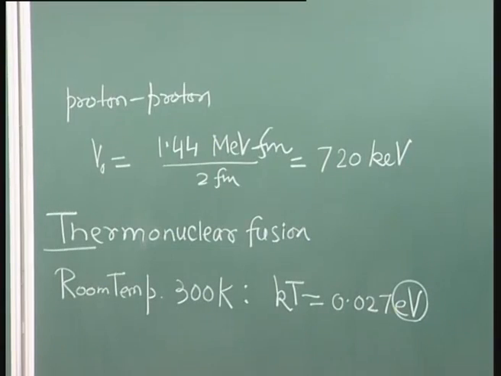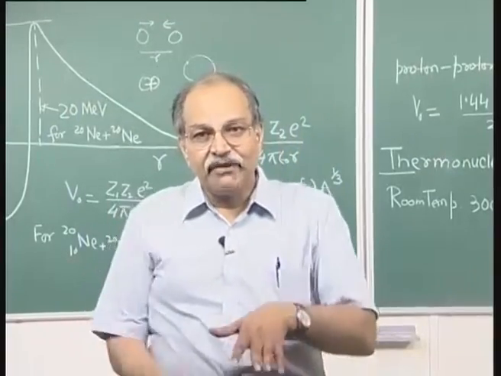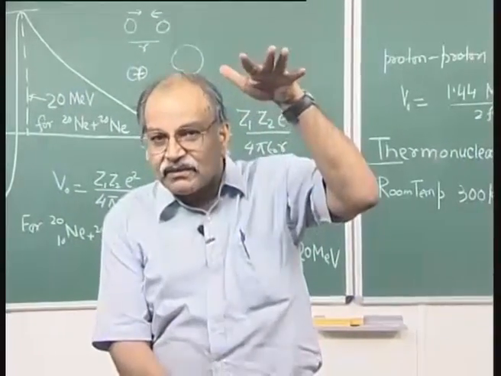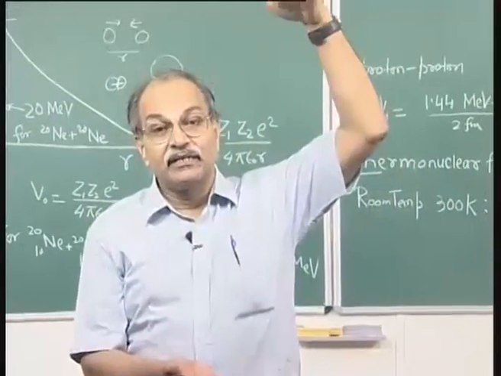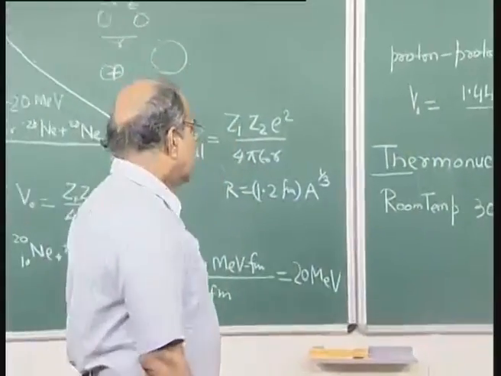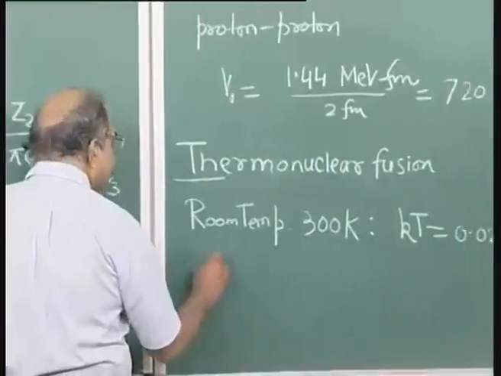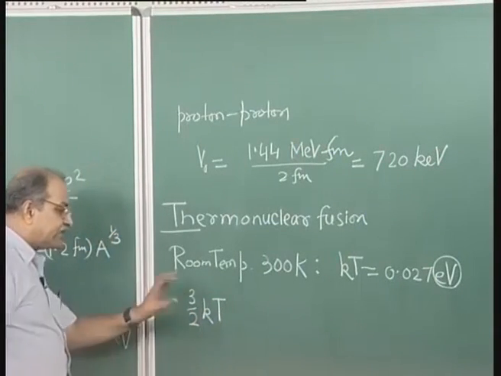So, the barrier penetration probability will be very small. If I want to have an initial kinetic energy comparable to the barrier height, let us calculate what should be the temperature. So, let us take 3 by 2 kT as this is the average kinetic energy.